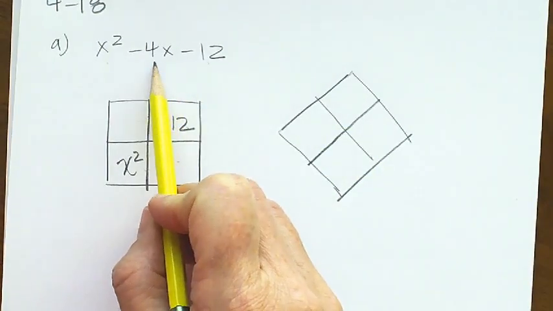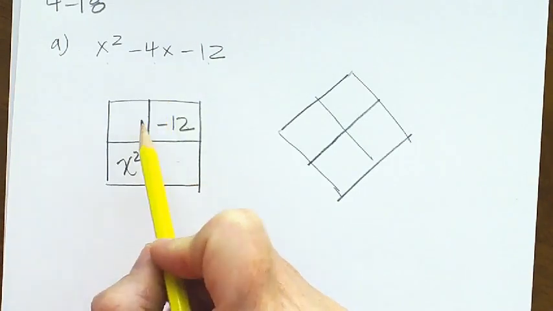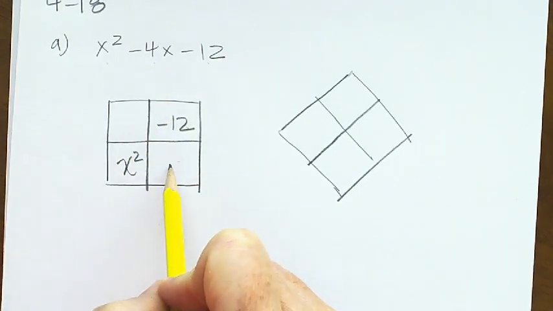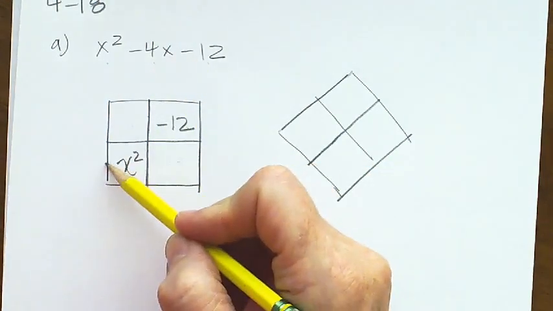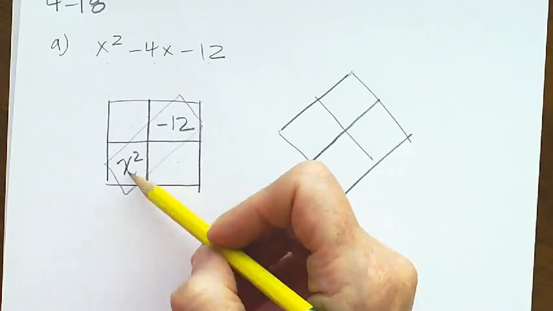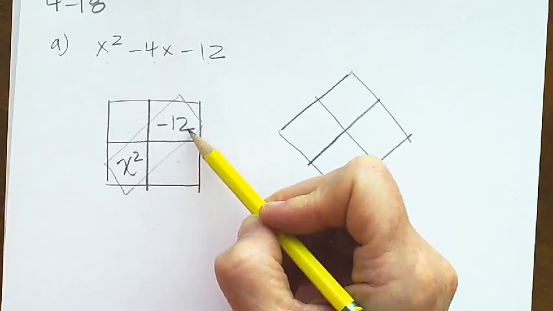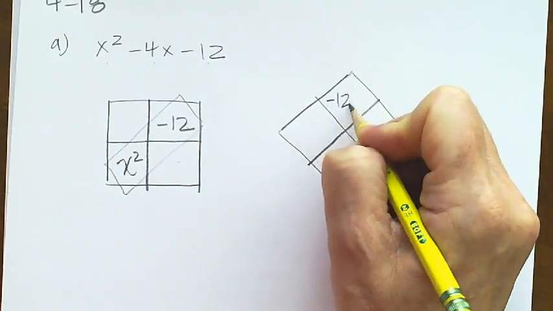And it may not be that there's 4 negative x tiles. It could be there's an amount here and an amount here, and when you combine them you get -4. So remember, we learned that the product of these diagonals is the same. So I know if I multiply x squared times -12, we're going to put that in the top of our diamond.